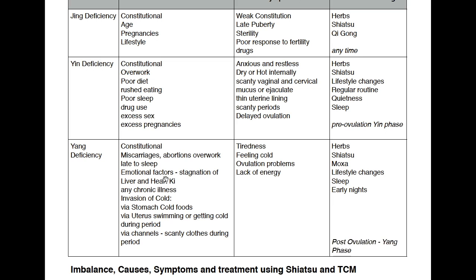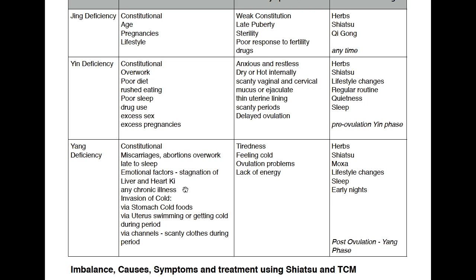And here's another important one, more of a stagnation of qi: emotional factors which lead to stagnation of liver and heart qi. Any chronic illness affects the yang because it's the moving part of the body.